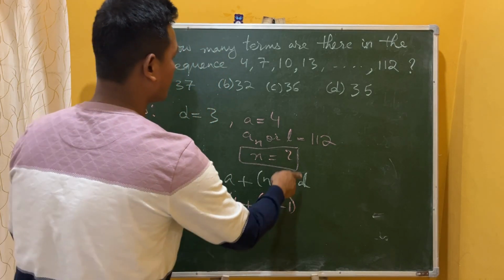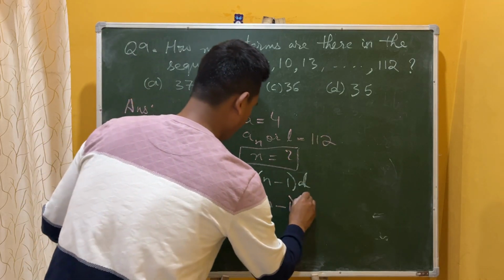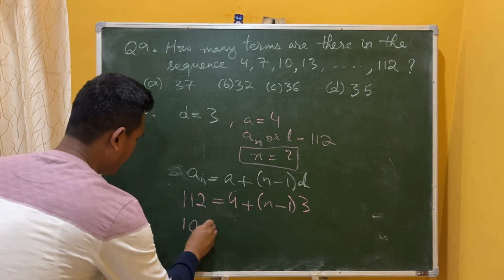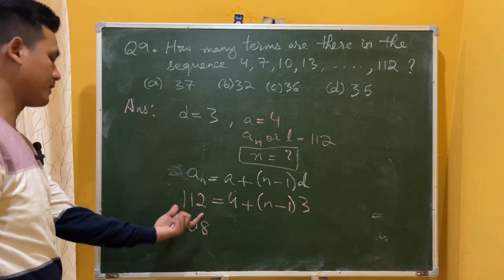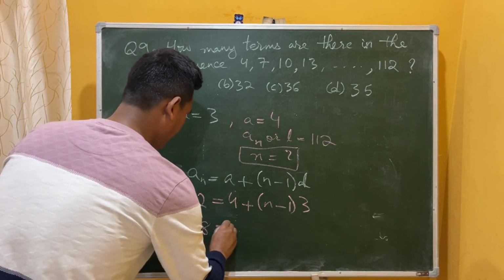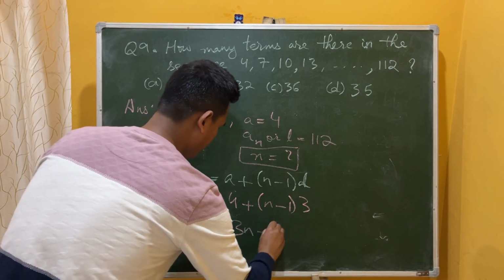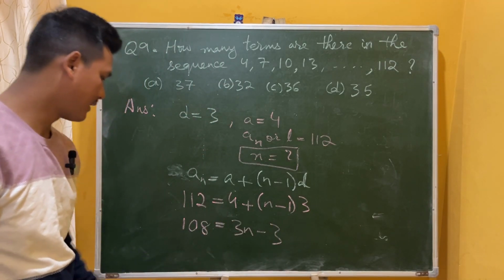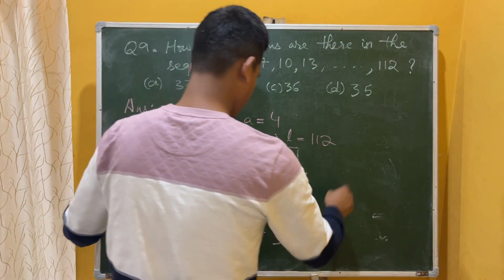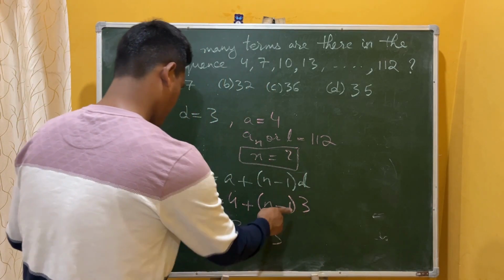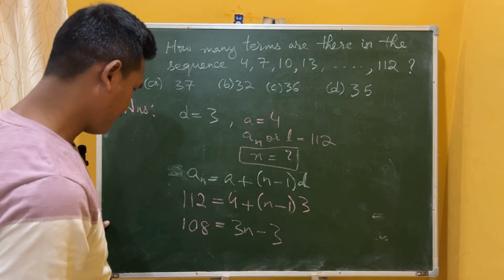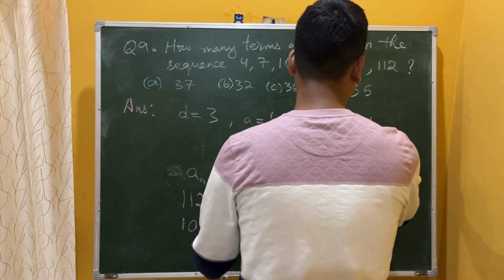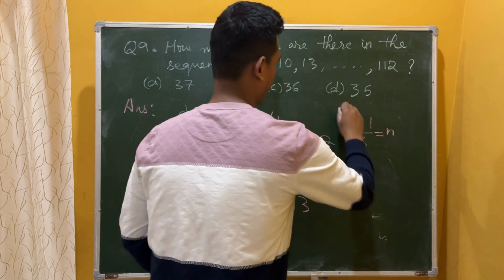We don't know n. D is 3. 108. If you bring 4 here, it gets subtracted. So we have 3n minus 3. Right? This 3 will come here and it is 3n minus 3. Okay. 111 by 3 equals n.